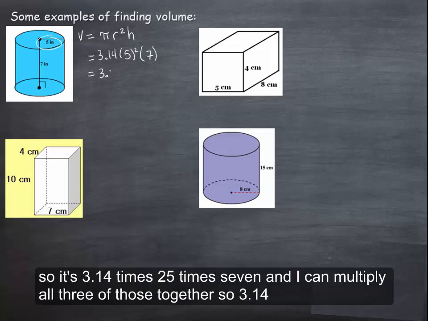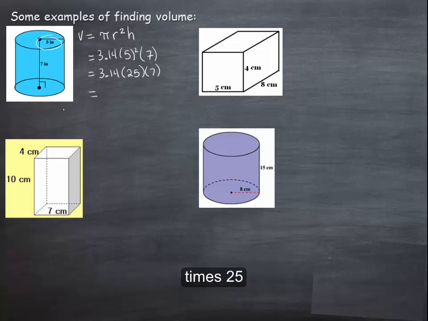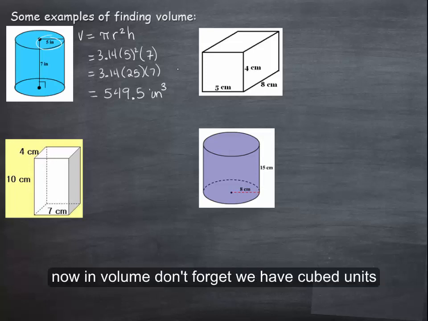So it's 3.14 times 25 times 7, and then I can multiply all three of those together. So I'll say 3.14 times 25 times 7, and I will get 549.5 inches cubed. Now in volume, don't forget we have cube units.